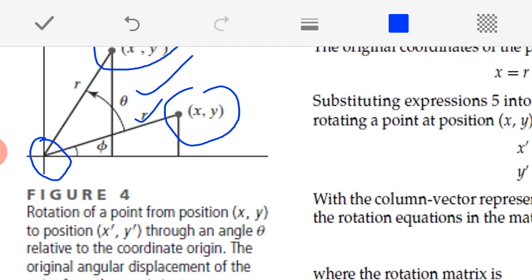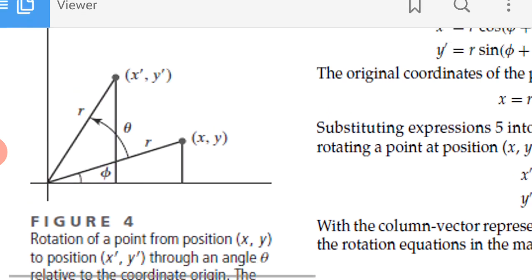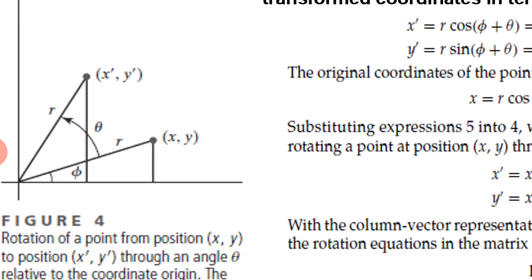Here r is the distance between the point P of x comma y and the rotation point. This distance r always remains the same, and here phi is the initial angle which has been made. With this information, we will derive the equation.